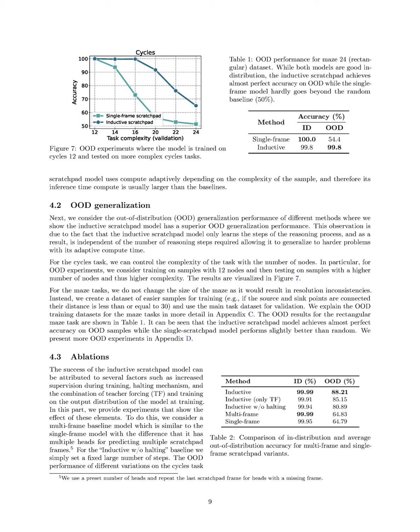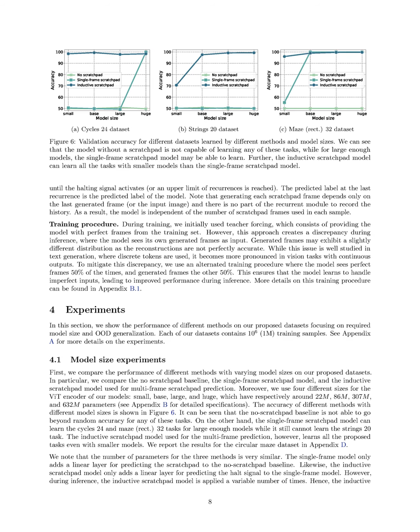Performance metrics included accuracy on both in-distribution and out-of-distribution (OOD) samples, where we specifically evaluated the inductive Scratchpad model's superior OOD generalization by training on simpler samples and testing on more complex ones. The results demonstrated that the inductive Scratchpad model learned all proposed tasks effectively, even with smaller models, while the no Scratchpad baseline failed to exceed random accuracy, confirming the necessity of the Scratchpad approach for tackling high-globality tasks.